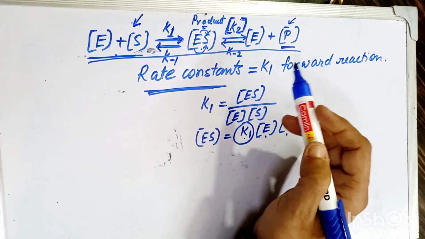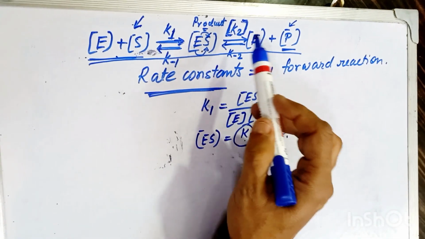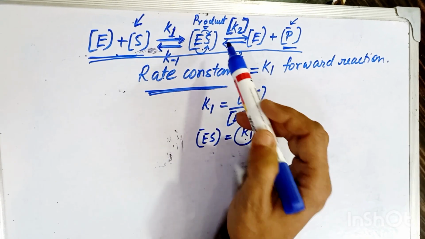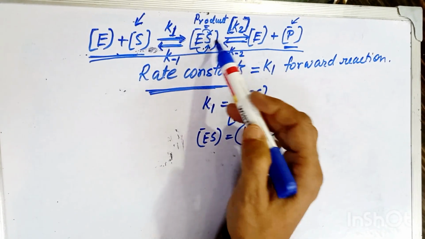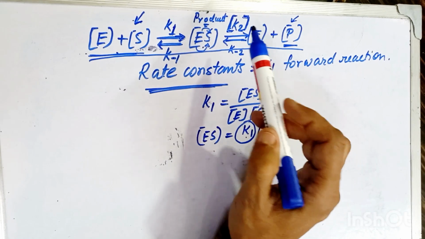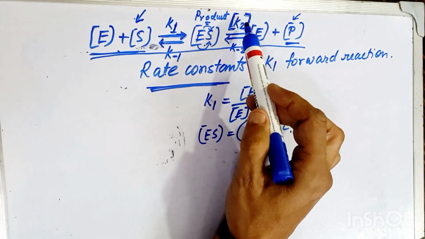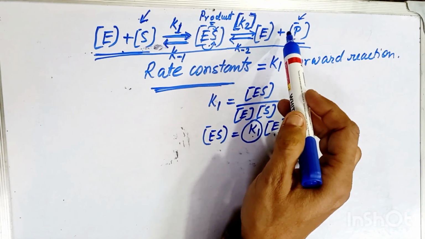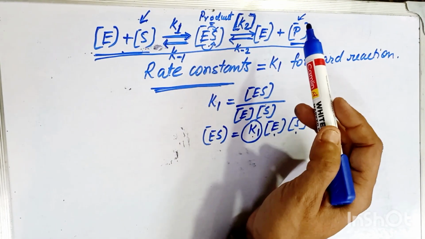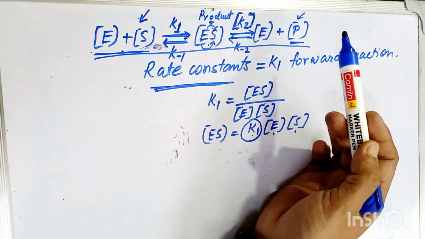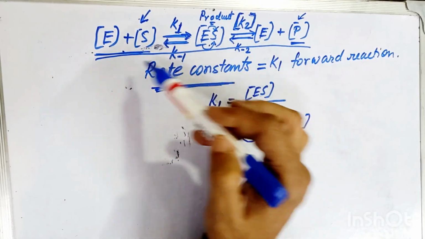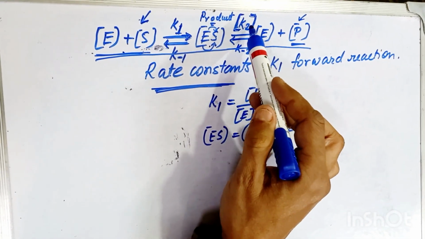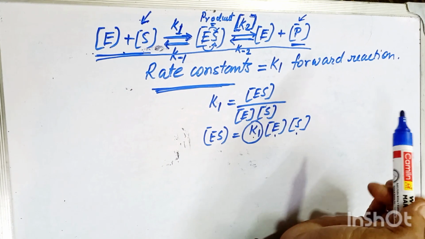If this turnover number is higher, the reaction is faster. If the turnover number is lower, the reaction is slower. So this K2 is actually a very important step, the second step of the reaction, because the whole reaction kinetics depends on this second slower part of the reaction.